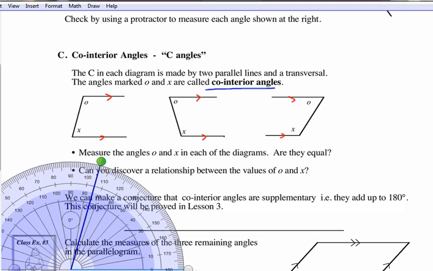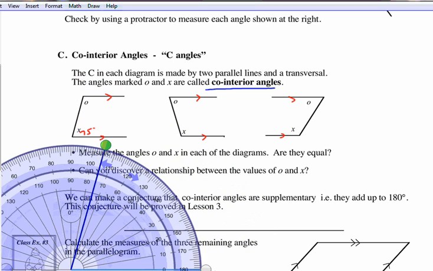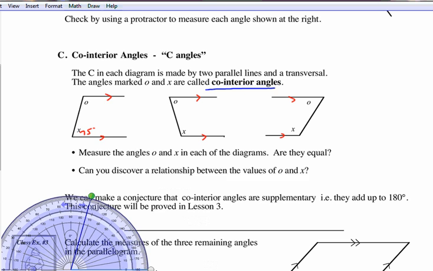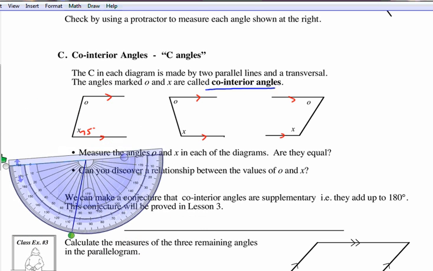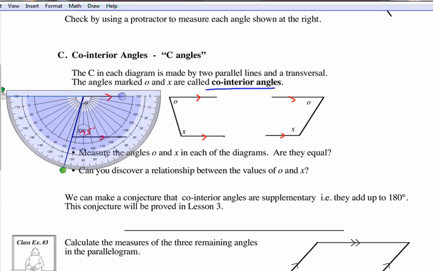So X is 75. And then if we rotate this and measure angle O, starting from 0 and going all the way, I get 105 degrees.